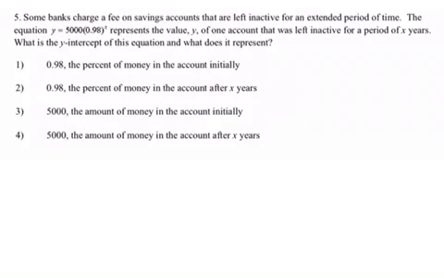The multiple choice on the bottom, number 5 is asking you, what is the y-intercept? The y-intercept is the same thing as the initial value. So in this case, my initial value would be 5,000. So that would make it choice 3, 5,000 is the account initially.